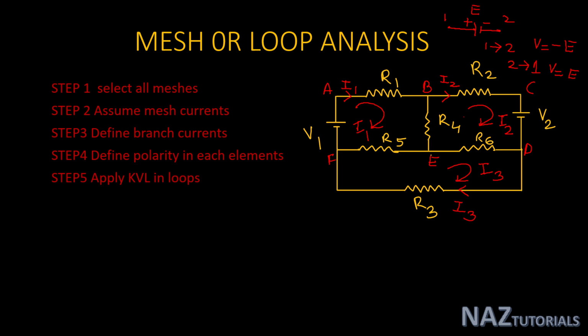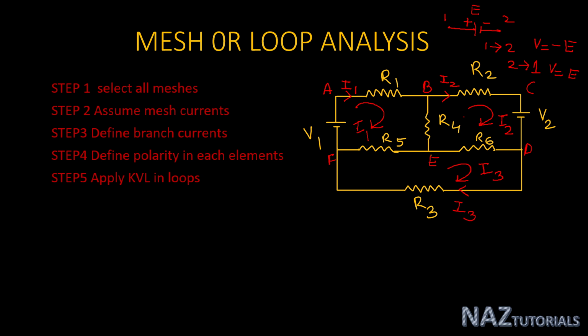Now come to the branch R4. This resistance R4 carries two mesh currents. I1 is flowing from B to E, and I2 is flowing from E to B. That means the net current will be the difference of these two.